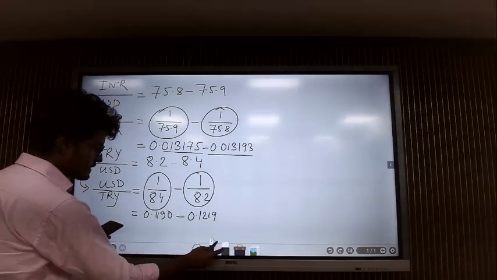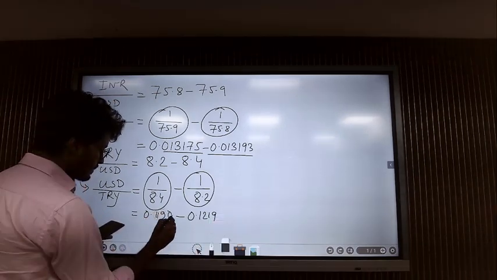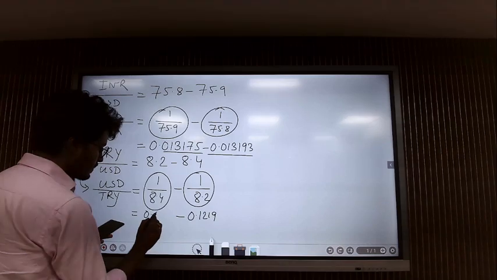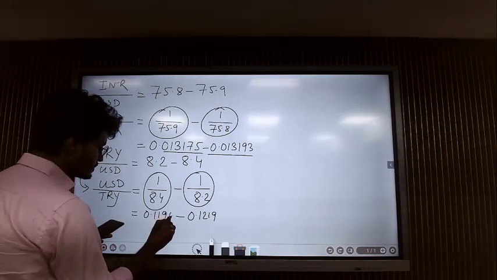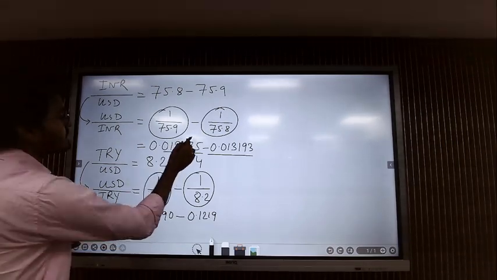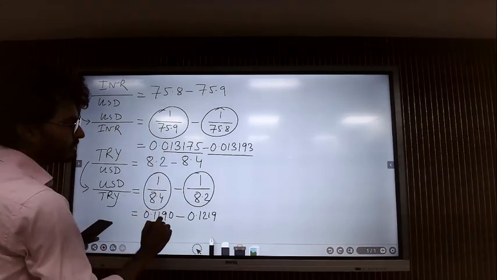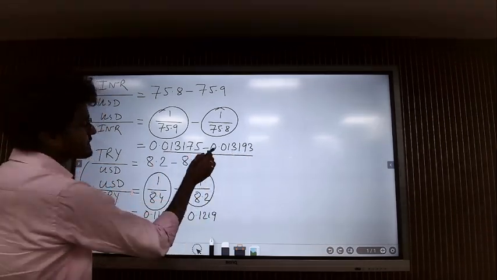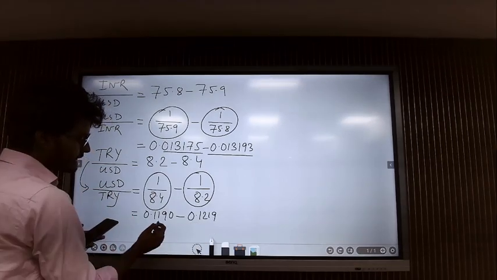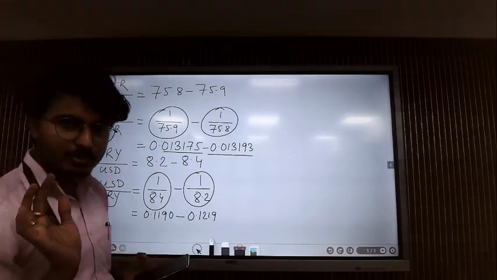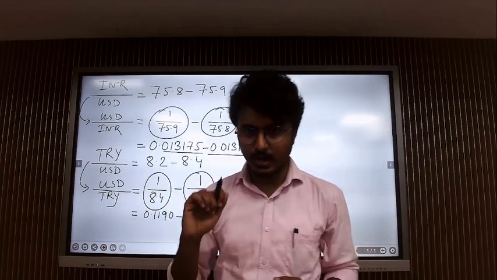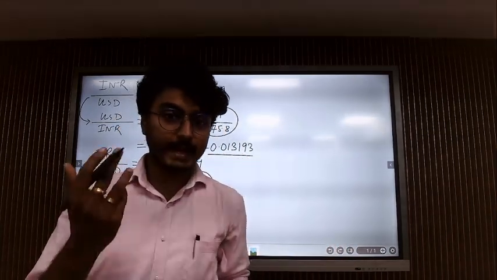So this is 1190 and 1219. So check the rate. The ask rate is greater than the bid. So 193 is greater than 175 and 219 is greater than 190. So up to this point we are correct. Clear? Now come to the second part.